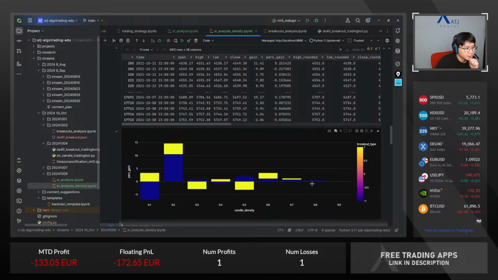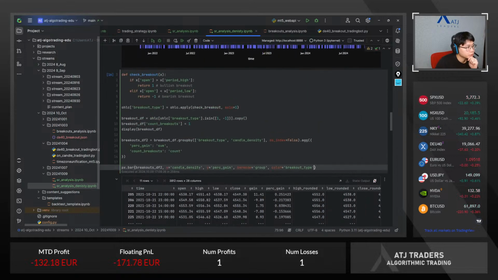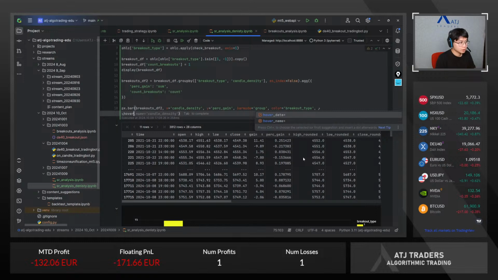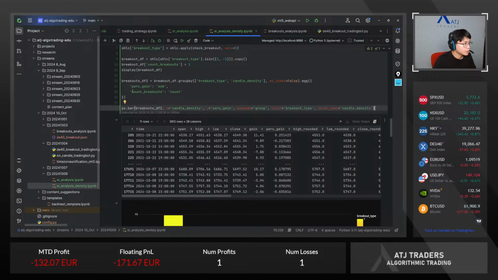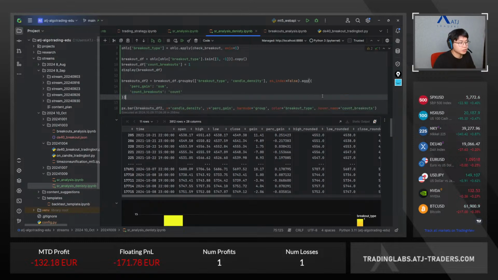So I was assuming, the denser the candles, the more reliable the breakouts, but that also might not be the case, right? So what I want is a high density, and I'm also going to do hover data equal to count breakouts. So I want to measure the number of breakouts.